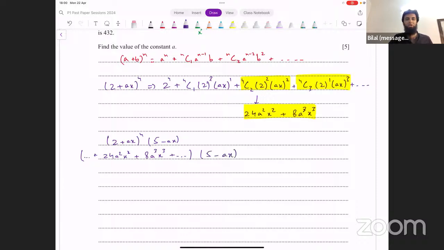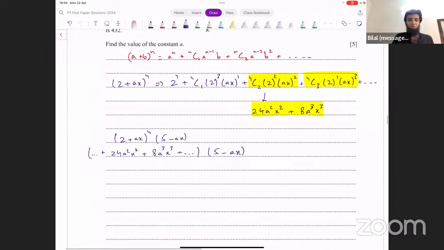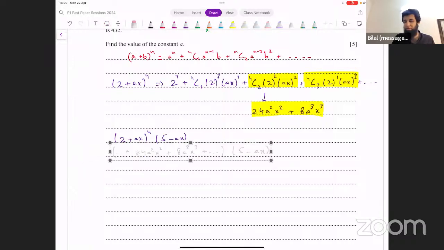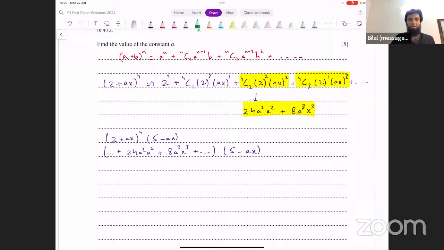Now, what multiplication do we need to do here? We don't necessarily need to multiply the whole thing. Just multiply the terms that are going to give you x cubed. So this x squared term can be multiplied with minus ax, because that's going to give you x cubed.